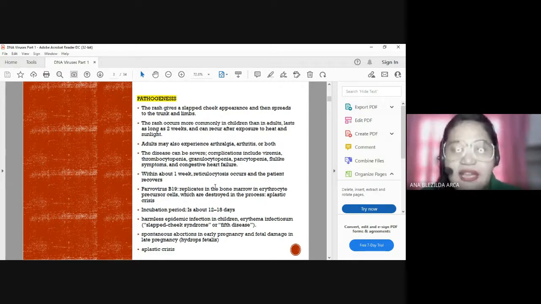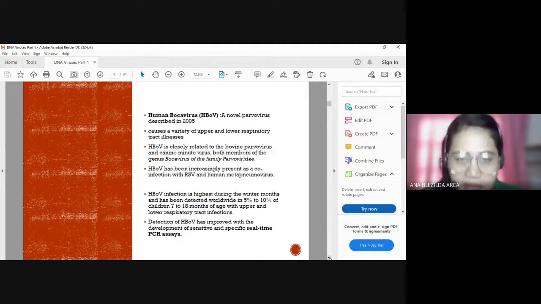Kaya it will replicate in the bone marrow. So again, do not forget sa mga bata, ang tawag ay slapped cheek syndrome or fifth disease. During pregnancy, kapag na-infect yung fetus, the condition is called hydrops fetalis. Kapag sa adult naman, aplastic crisis or aplastic anemia ang condition na nakita.